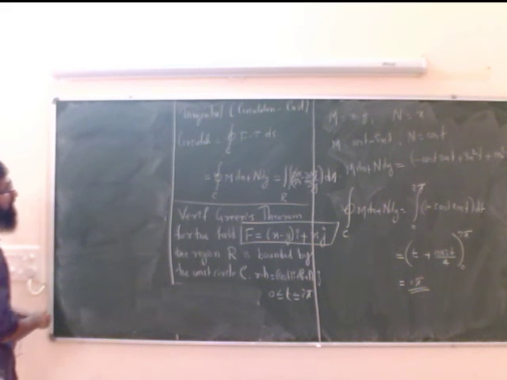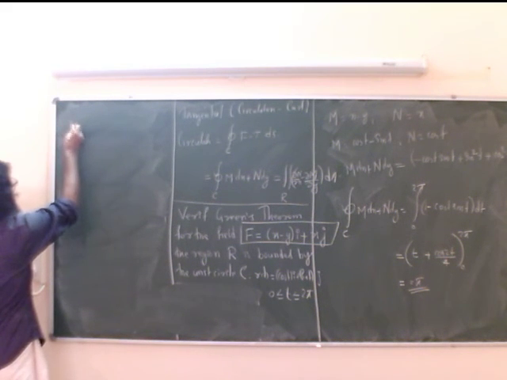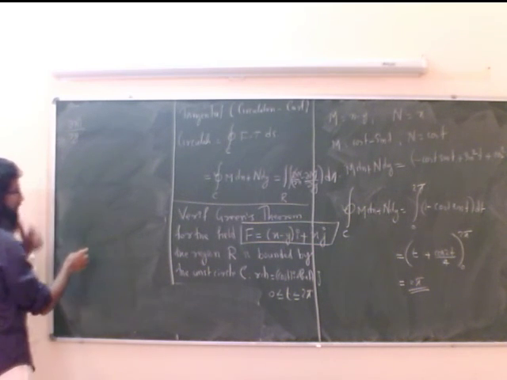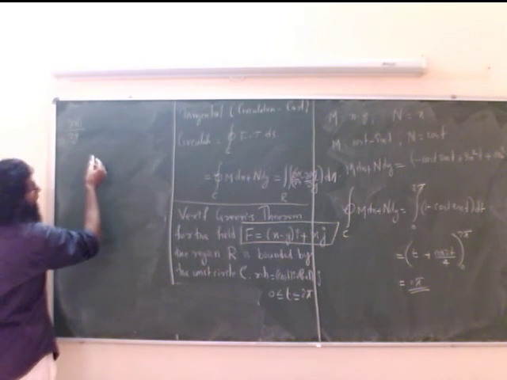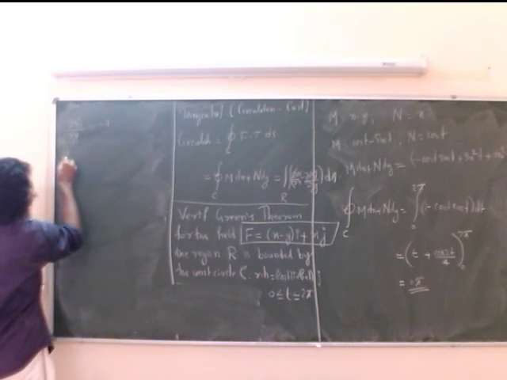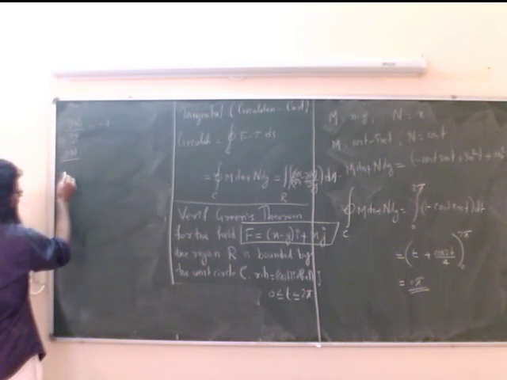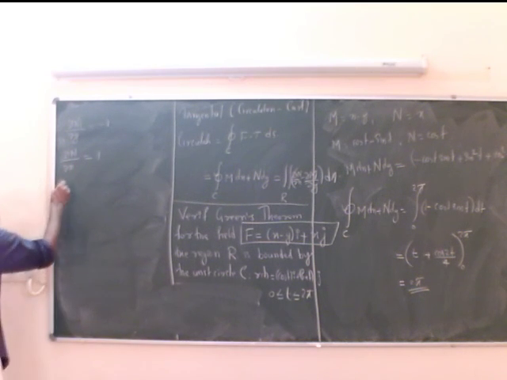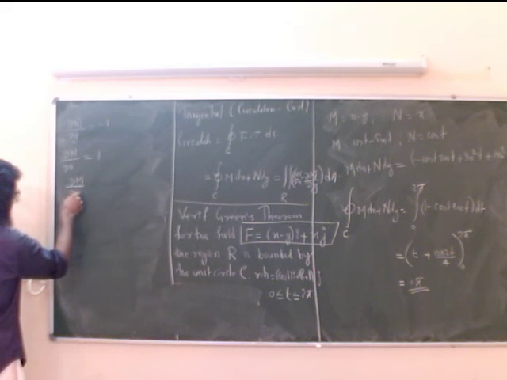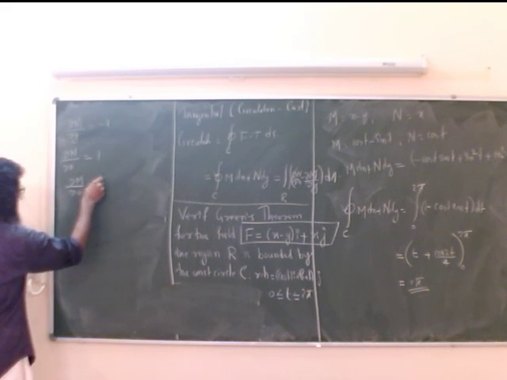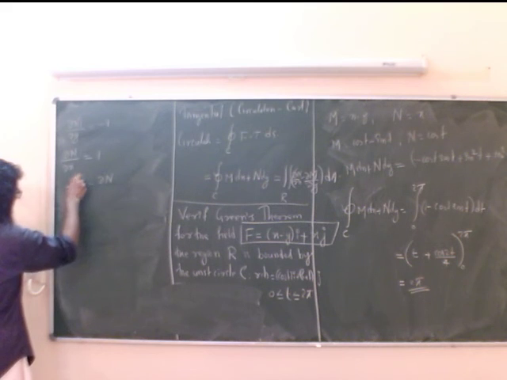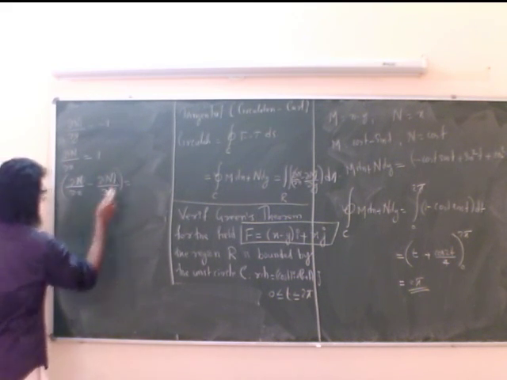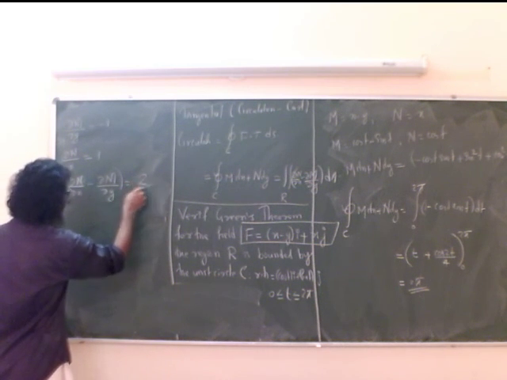So let's verify the other part also. dou m by dou y is minus 1, dou n by dou x is 1. So dou n by dou x minus dou m by dou y is equal to 2.